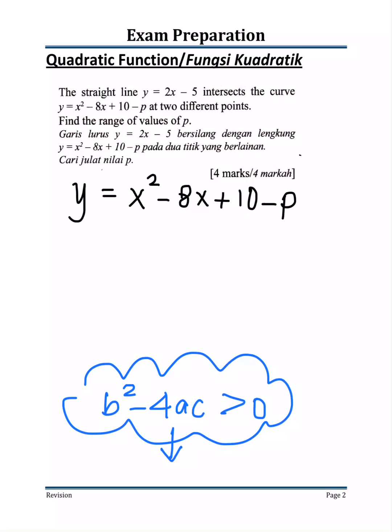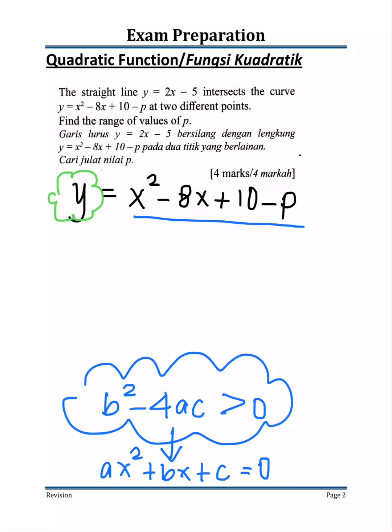It only works for a quadratic equation, meaning I have to make it equal to 0 for it to function. So if you look at the whole equation yang wujud untuk anda, it is not equal to 0, it is equal to y. So how do I cancel the y?